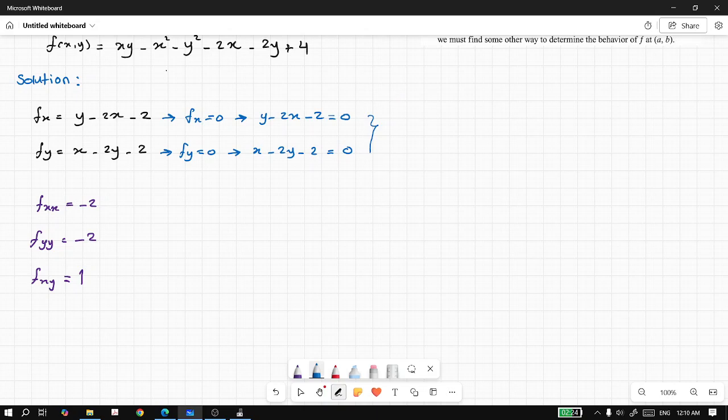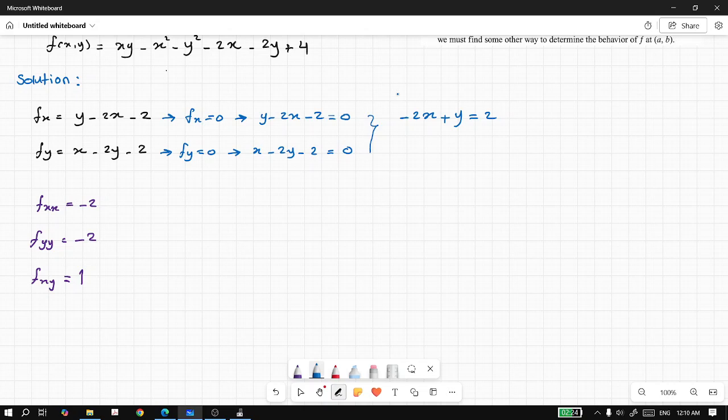Here I'm using elimination method, or we can use substitution method also. Here I can write this one as y. I will just manage it: minus 2x plus y, that's equal to 2. I took that to the other side and reordered the equation, so it becomes minus 2x plus y equal to 2.